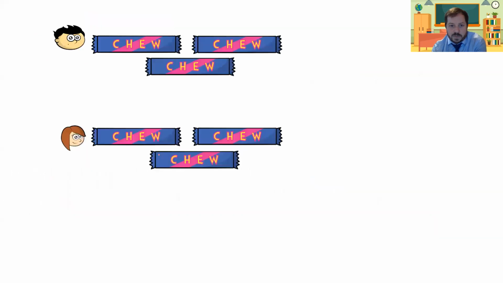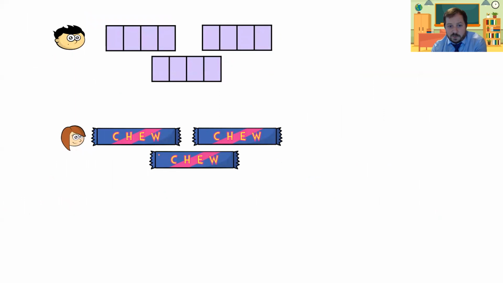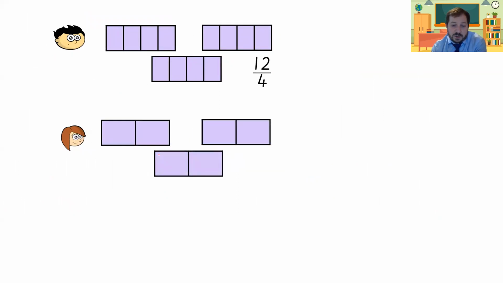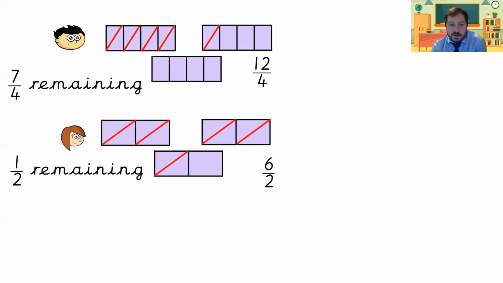So let's have a look. Well, here's our bars. Let's split the first bars into 4s, and that gives us 12. And the second one split into 2s. That gives us 6 of them. Now, he eats 5, so we can cross them out. And she eats 5. That leaves him with 7 quarters left.